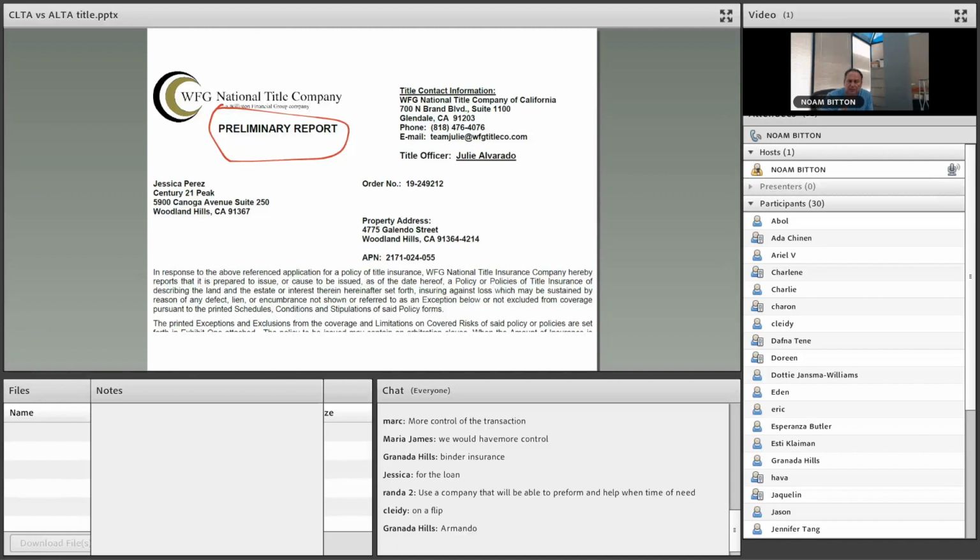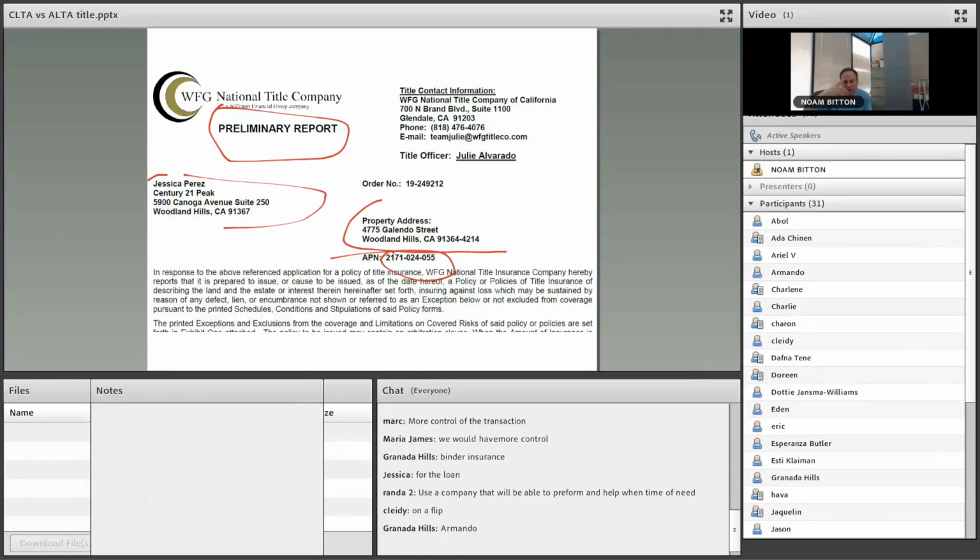In the prelim that you order, or the escrow order, you see all the issues right now, or maybe no issues, that are affecting the title of the property. So you can see this is the prelim, this is the property address, and this is us and our agent, and this is the APN, and so on, and this is the details. I already did a presentation, I think, a few months ago about what can be on a title report.